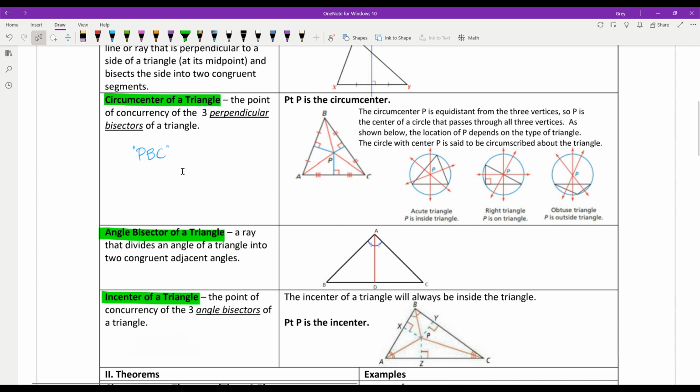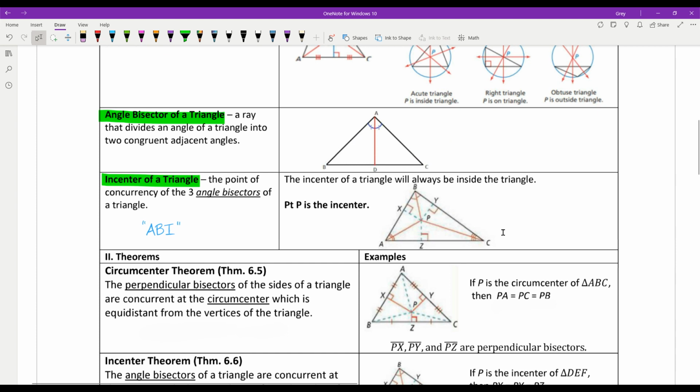If you think of peanut butter crackers or peanut butter cookies, then you'll know that the perpendicular bisectors intersect at the circumcenter. And for the angle bisectors, I had a student come up with ABI, angle bisectors. That's like the Alabama Bureau of Investigation, FBI, ABI, and that I is your incenter. So you've got to keep these two things straight, and I'm just trying to give you something to help you do that.